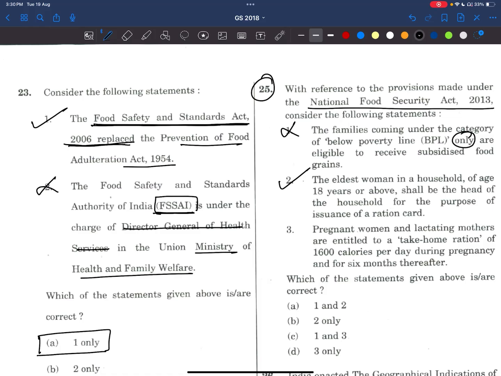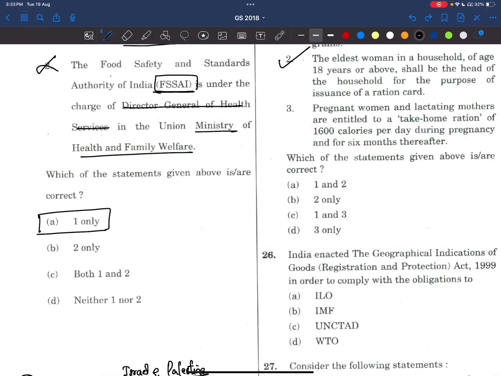See here, friends, under this act they are given 6,000 rupees of maternity benefit. UPSC just played with the number. It is not 1600, it is 600. For children between 6 months to 6 years, it is 500 calories. For malnourished children, it is 800 calories. So this statement is also wrong.